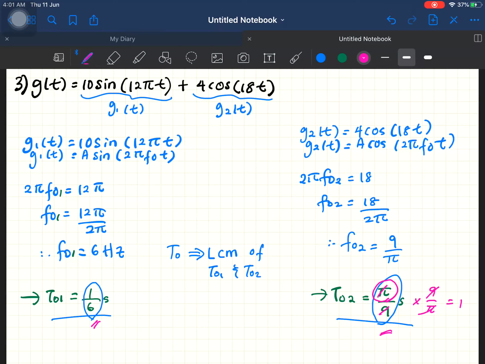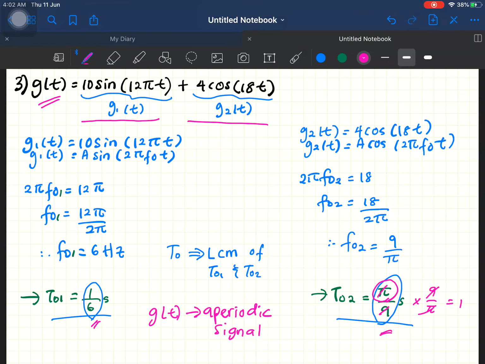So for this question, since you cannot find the LCM of this T01 and T02, this means that g(t) is not a periodic signal. Okay, so even though g(t) is the result of summing two periodic signals, sine is periodic, cosine is periodic, but g(t) is not a periodic signal.